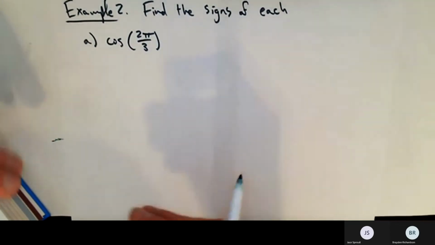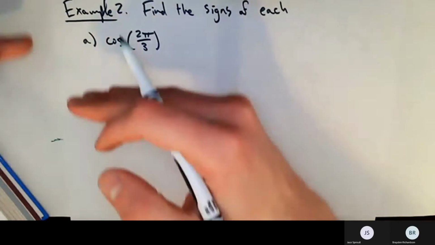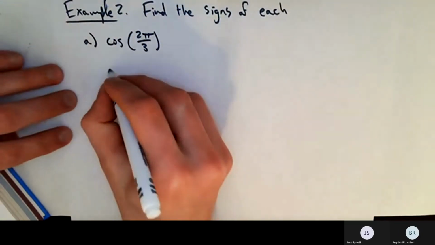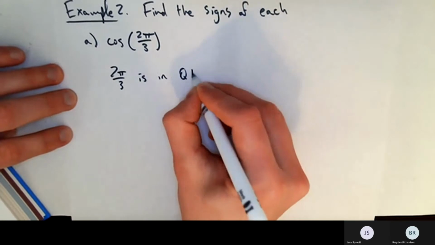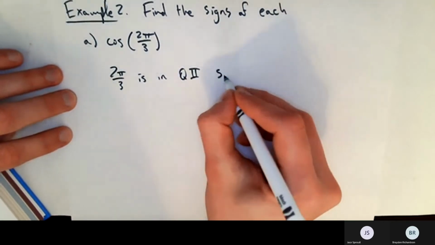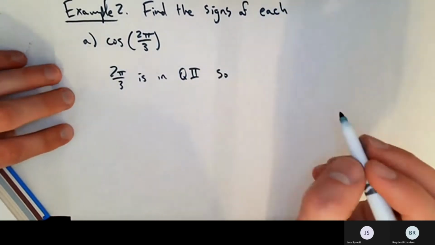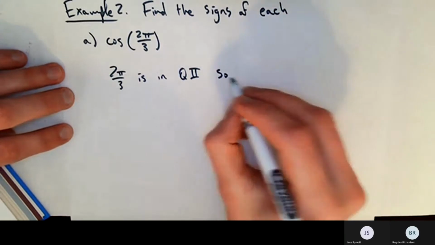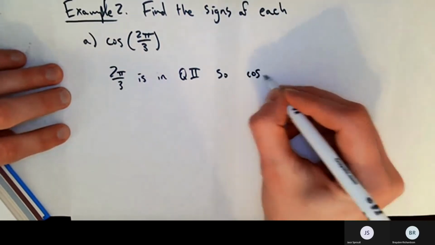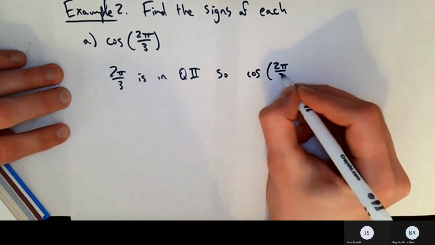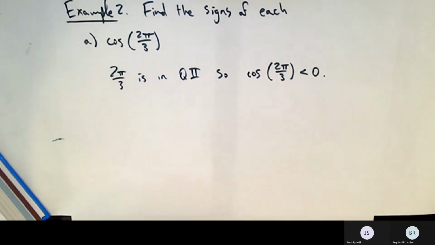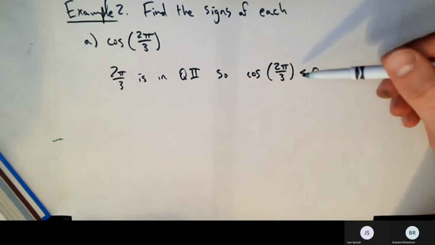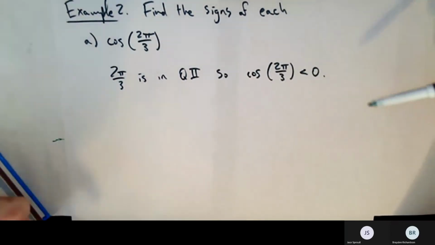Well, since 2 pi on 3 is in quadrant 2, and cosine is only going to be positive where x is positive, cosine of 2 pi on 3 is negative, because x is negative in quadrant 2.